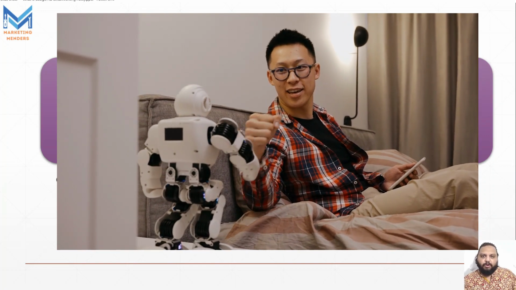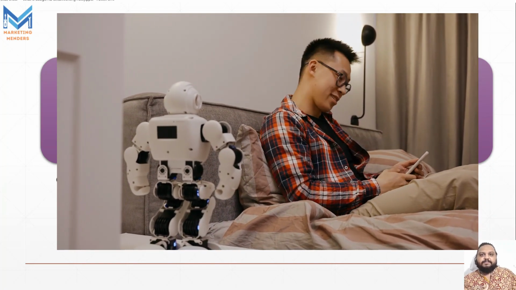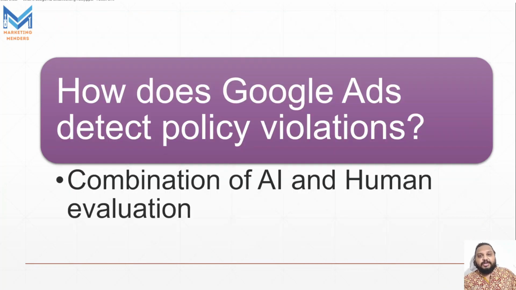The first stage is an automatic review, done by bots with the help of AI. In that review, Google will check your ad copy, your images, your headlines, your keywords, your text, and your landing page, how your website looks and what the components of your website are. By using the combination of these, this artificial mechanism will make a decision whether your account is good to go or not.